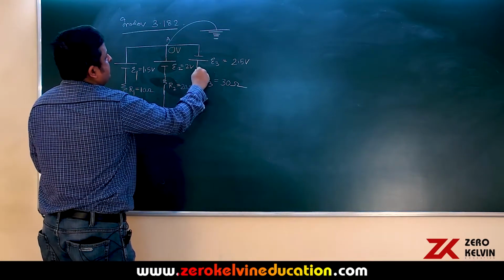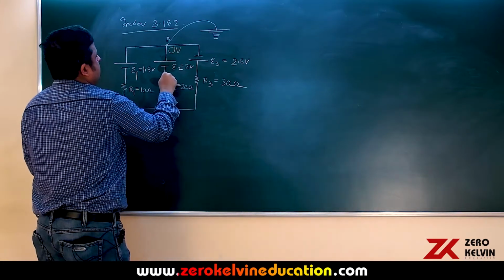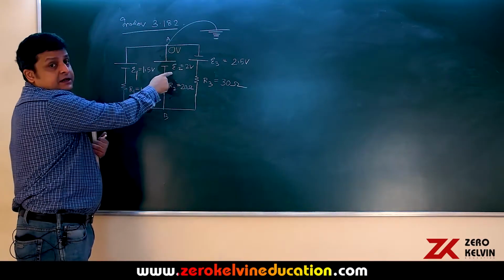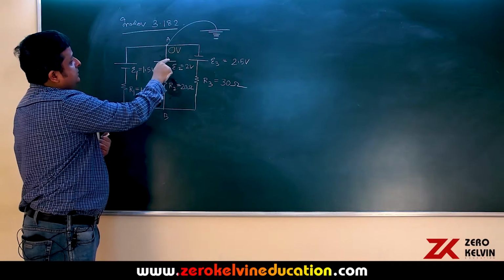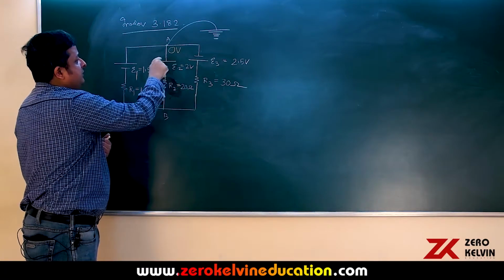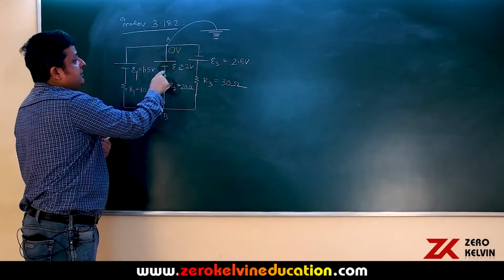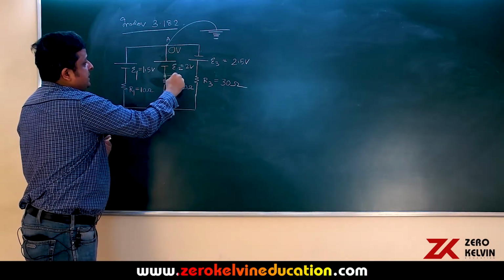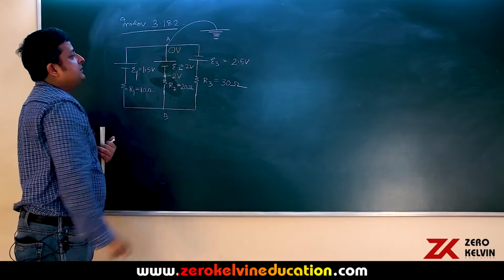Here, across this battery is 2 volt, so the voltage of this end minus this end is 2 volt. This is 0 volt, so this point is having voltage minus 2 volt.